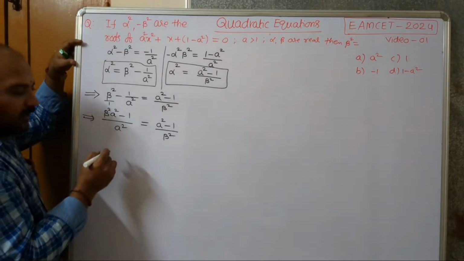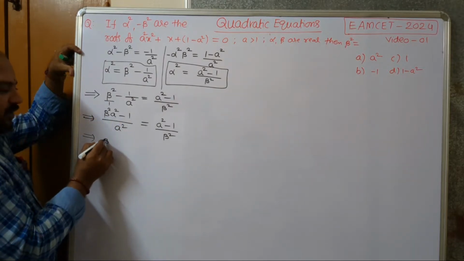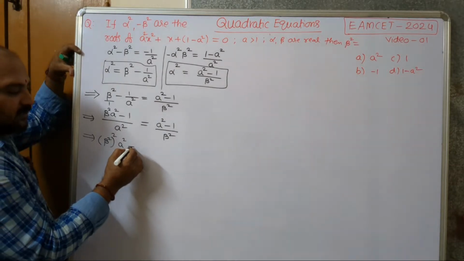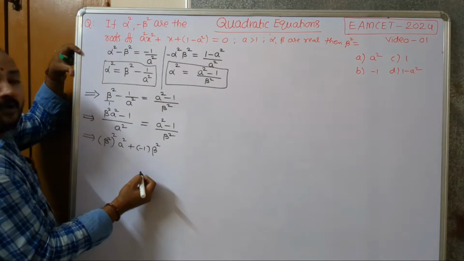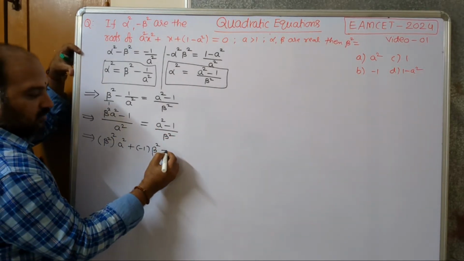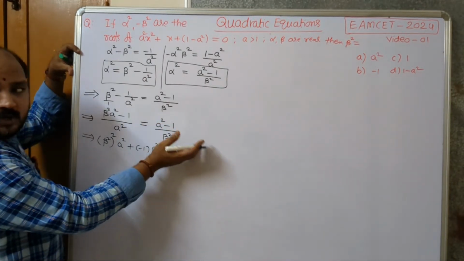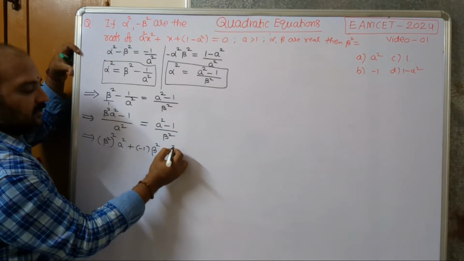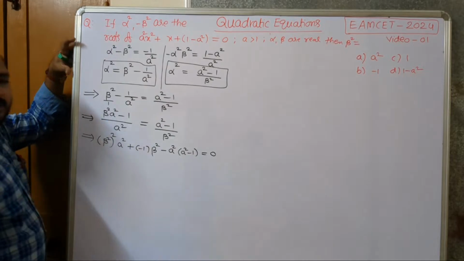Now cross multiply. Beta square into beta square, whole square into a square minus beta square. These values. So cross multiply, a square into a square minus 1 will bring this side: minus a square into a square minus 1 is equal to 0.